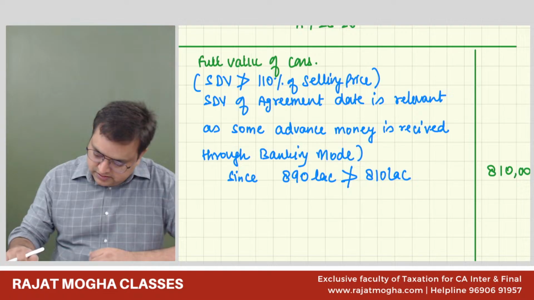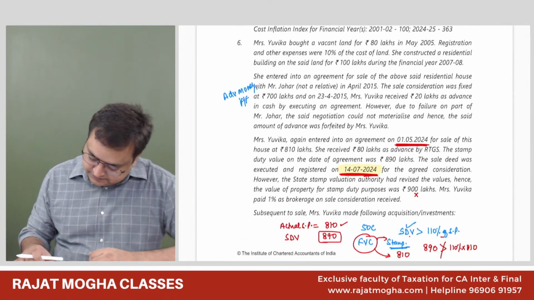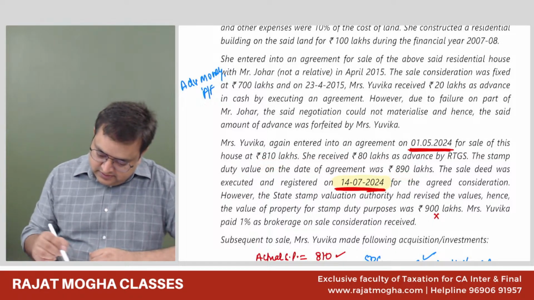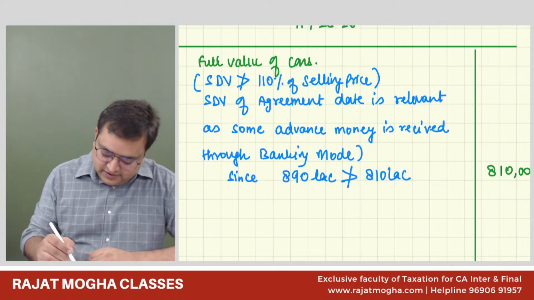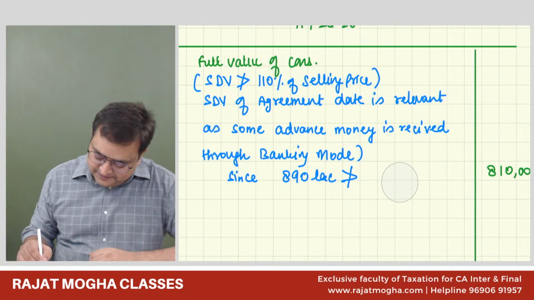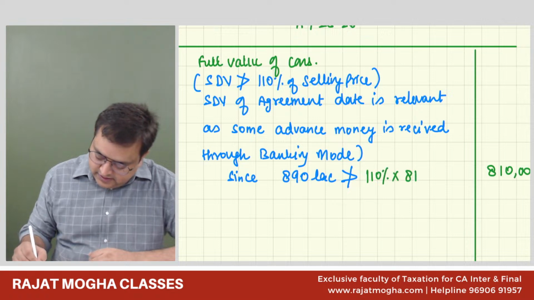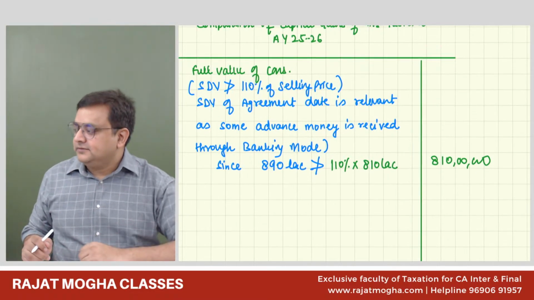Okay, give me a moment. I'm selling it for 810 and it was 890. I have not written this, no? 110% of 810 lakh. Correct. This 110% I have not missed. Okay.